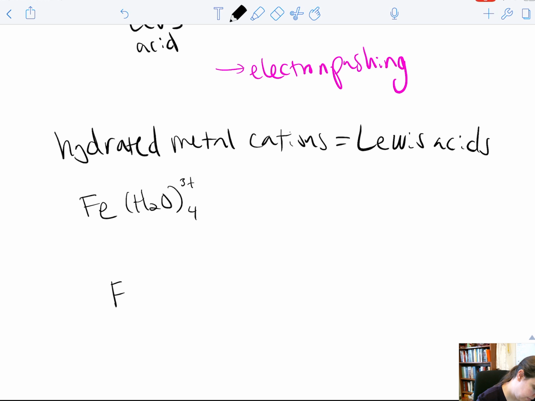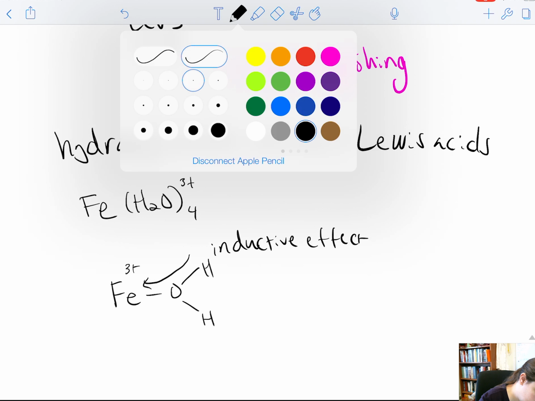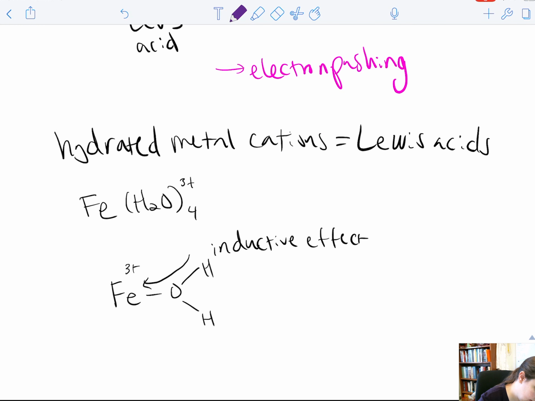And what's going on here is what's called the inductive effect, where we have electron density going from our water molecule to our iron center, which is electron deficient. And that causes this bond right here to weaken.